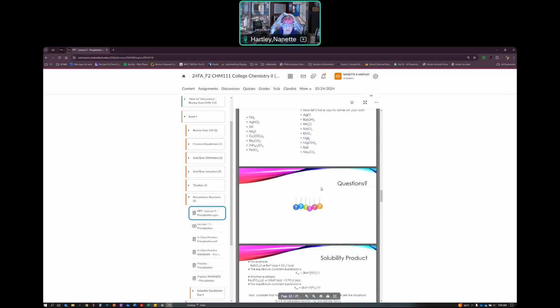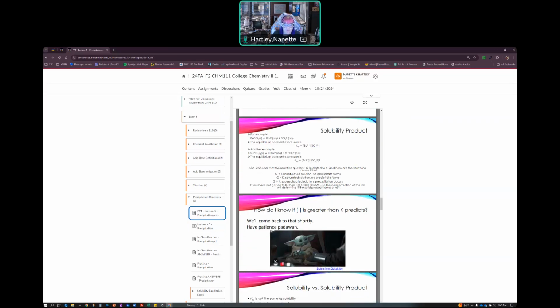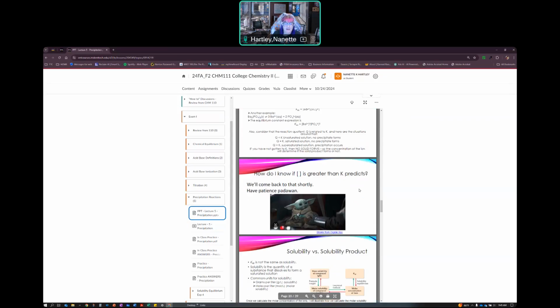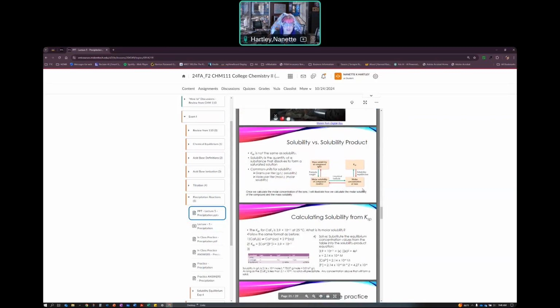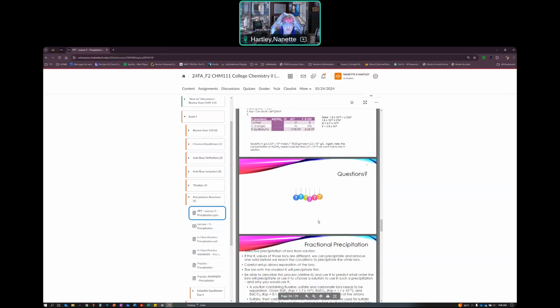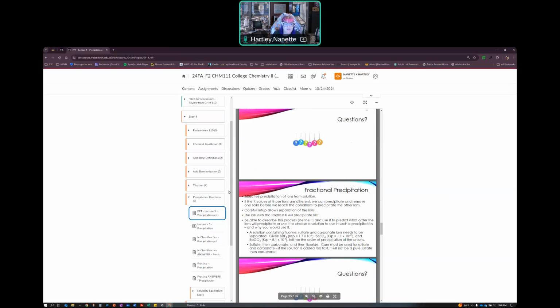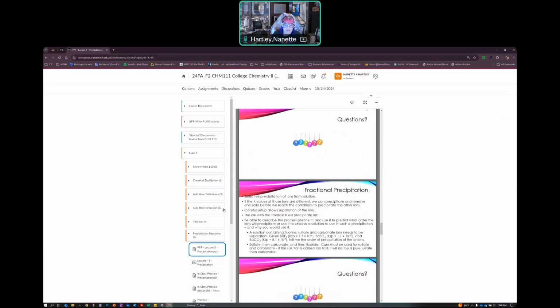We'll be talking about how we know whether this is a soluble product and how we write the KSP expressions. So this lab is related to these solubility relationships.